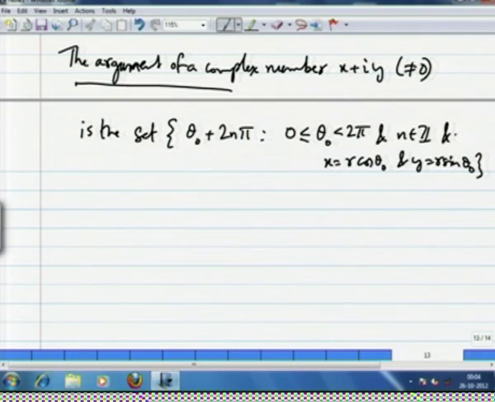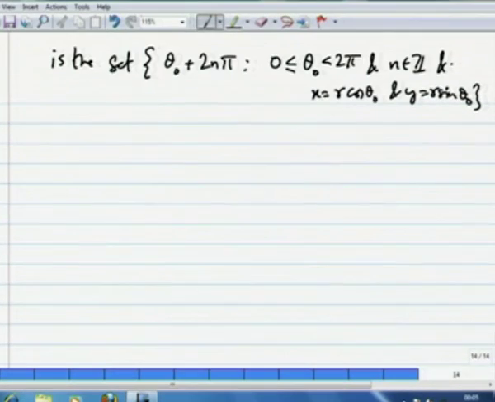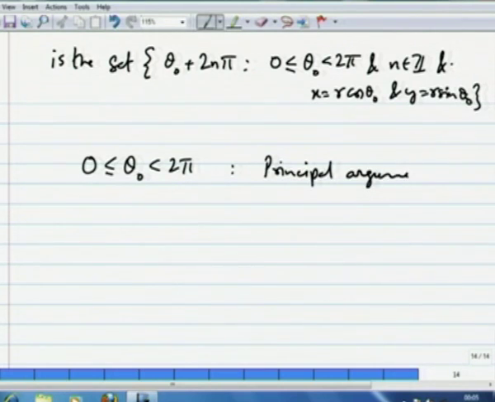We will see that during this course. Theta naught, when restricted to the interval 0 to pi, is commonly referred to as the principal argument of a complex number x plus i y, once again not equal to 0. So, for 0 we do not define the argument.